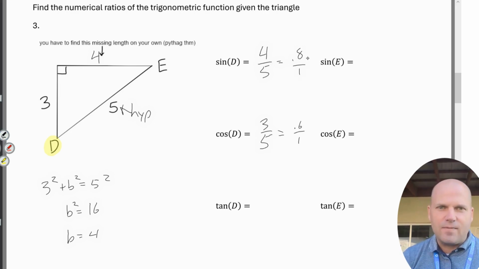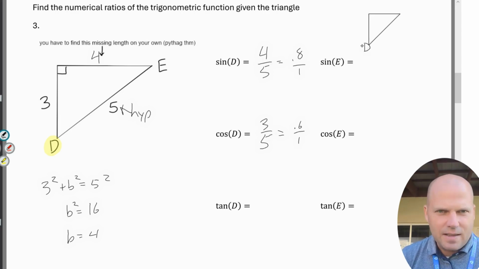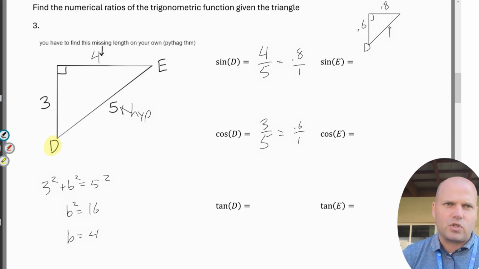Watch this. If I give you this ratio, you could immediately be like, oh yeah, if you have angle D, the ratio of the opposite side length to the hypotenuse would be 0.8 to 1. And the ratio of the adjacent side length to the hypotenuse would be 0.6 to 1. We have just kind of understood the ratios help you scale things.